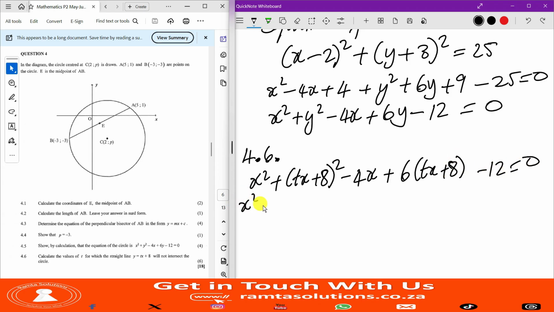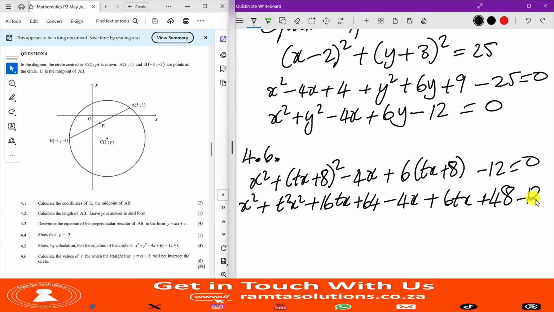So this is x squared plus t squared x squared, plus 16tx plus 64, minus 4x, plus 6tx, and 6 times 8 must be 48. Plus 48 minus 12 equals 0.